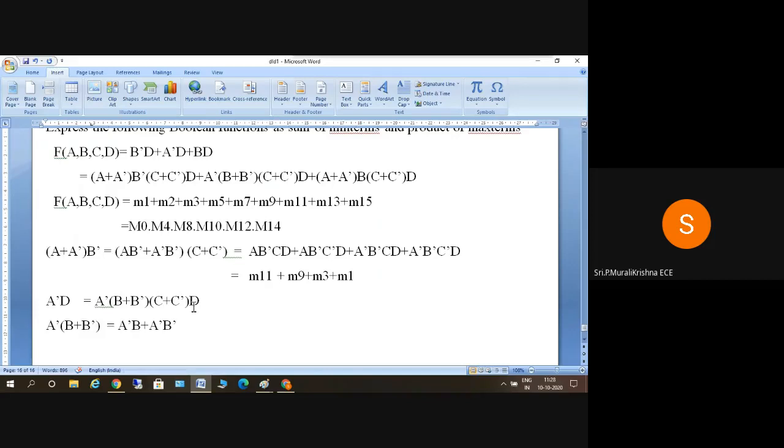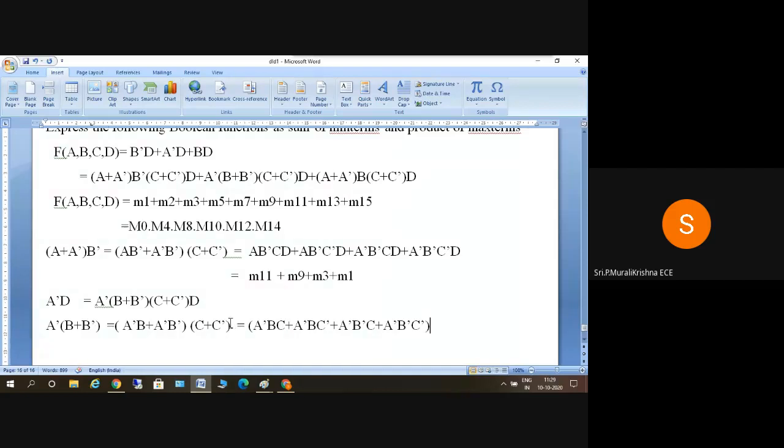And next, multiply this with C plus C bar. So that is equal to A bar B C plus A bar B C bar plus A bar B bar C plus A bar B bar C bar.